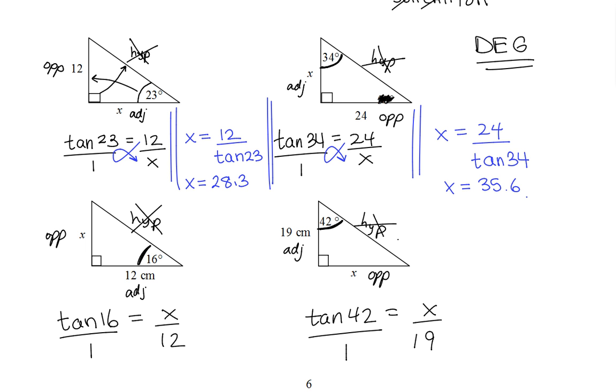Now the bottom two are a little bit different. Why? Yeah, you can just cross multiply because in the top two, where's the x? In the bottom. In the bottom two questions, where's the x? In the top. So they're a little bit different. When you cross multiply here, it's 12 times tan 16 divided by 1.